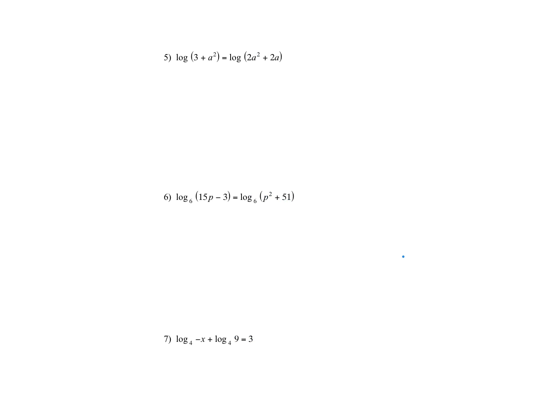So here we have log of this mess equals log of that mess. So we can just make the two messes equal to each other. And I always like to put the biggest a squared on the left. Plus 2a equals 3 plus a squared. And you move everything to the left side of the equation.